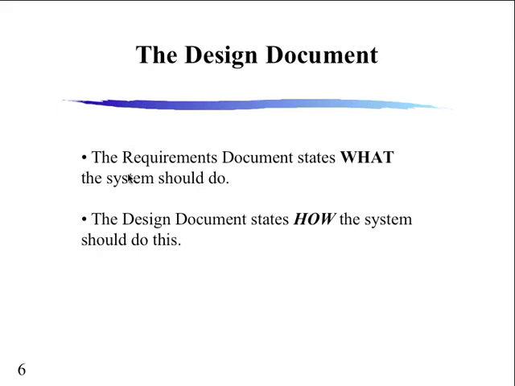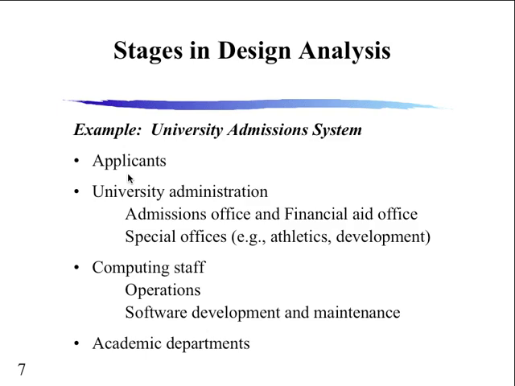And so we got the what and the how down, hopefully. So we have stages in the design analysis that occur, and all of this output of these stages turns into the design document. So an example here, we're going to use this university admissions system as a project, because it's really hard to talk about this stuff without relating it to some example.